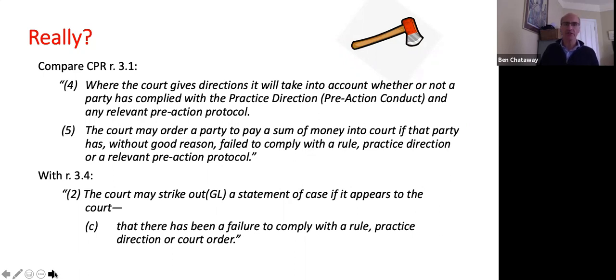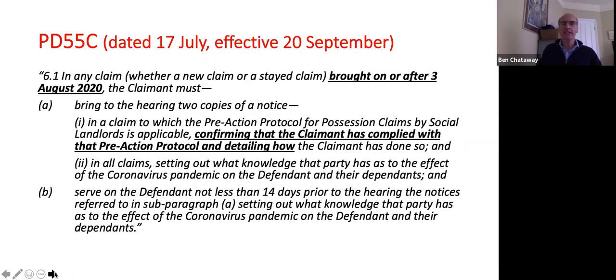So what's changed? Well, what's changed is the new COVID practice direction, PD55C, which Dominic is going to be talking to you about in more detail. But one aspect of the new practice direction is this requirement, which doesn't apply to old claims, doesn't apply to old stayed claims, but it does apply to any claim brought on or after 3rd of August.